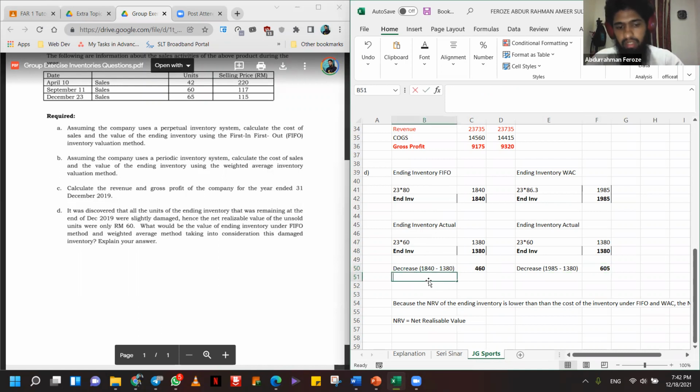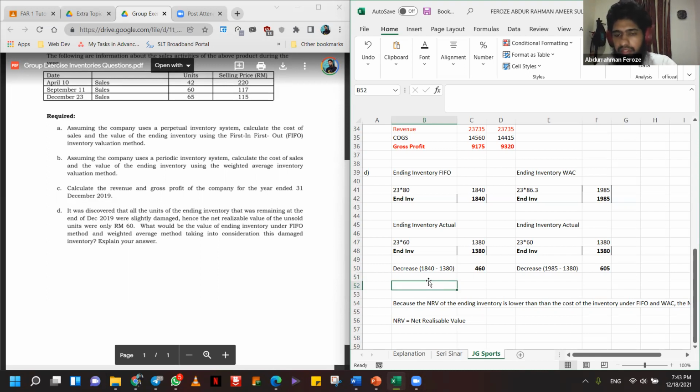And so here, once again, because it decreased, what do we debit, what do we credit? We did this in the last question. The inventory is decreasing. So do we debit or credit inventory?